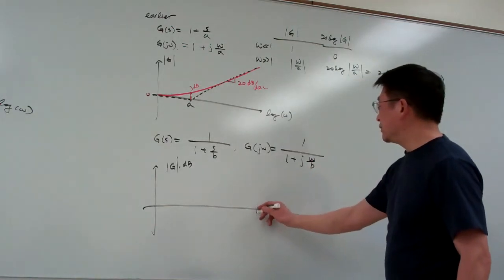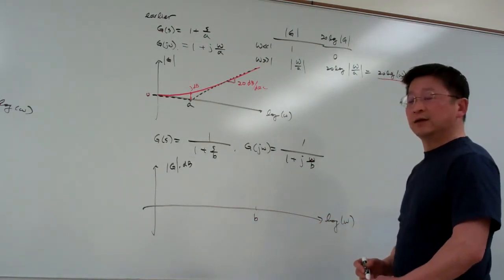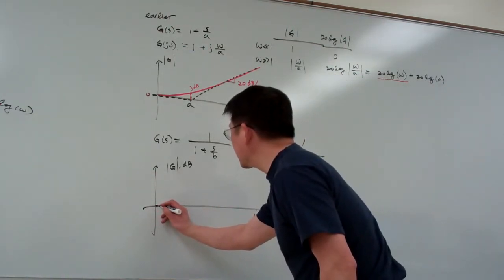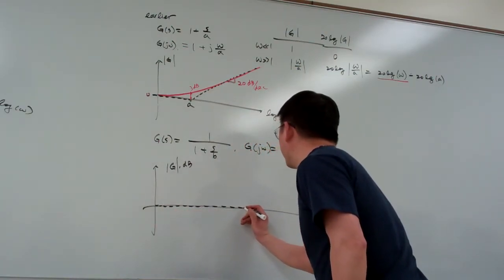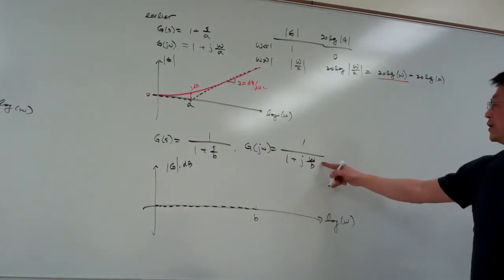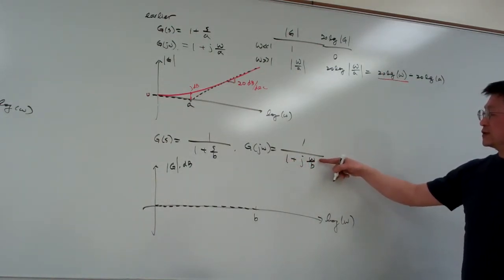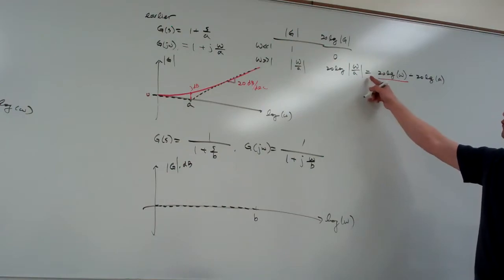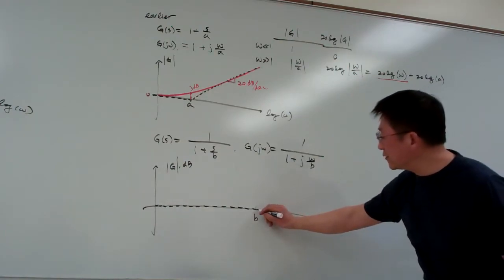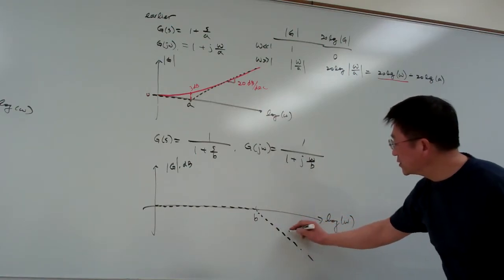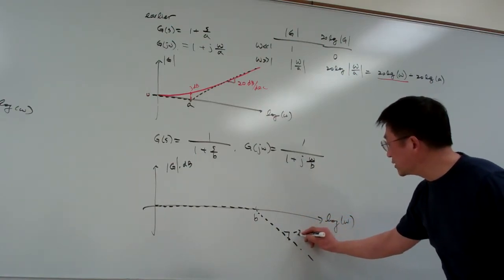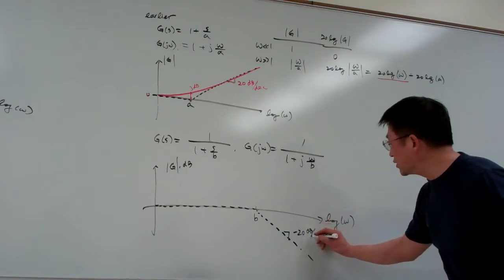Let me say B is here. The asymptote is this one. Because this term is in the denominator, if you do the simple calculation, you can find the asymptote has a negative slope, minus 20 decibels per decade.